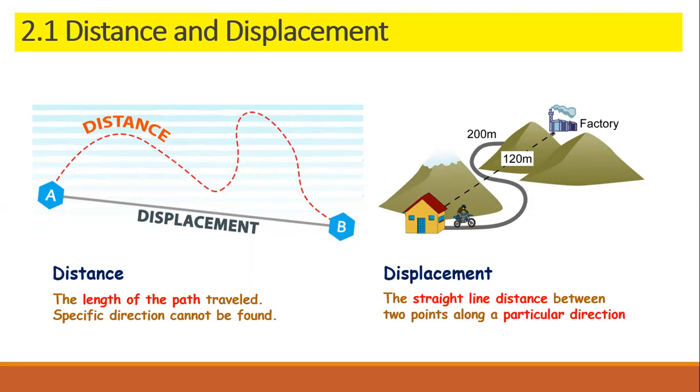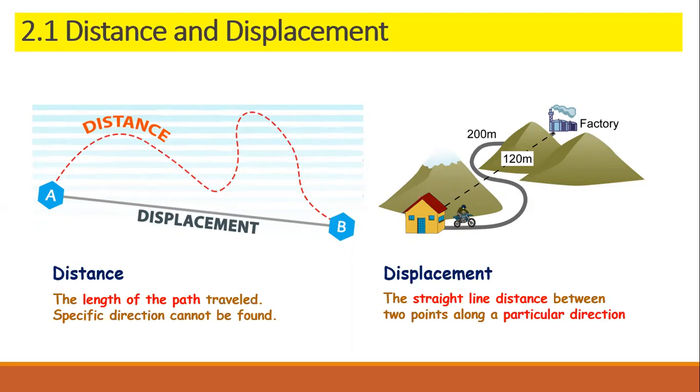We are just going forward in a particular direction, in a straight line, without turning. So the definition of displacement is the straight line distance between 2 points along a particular direction.